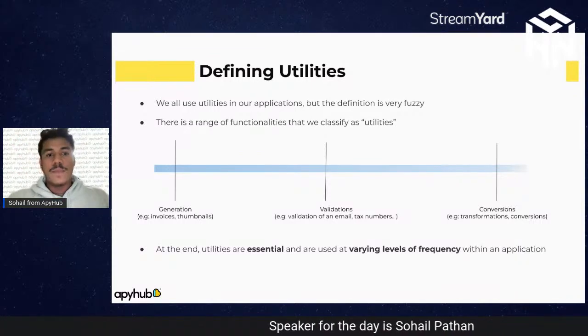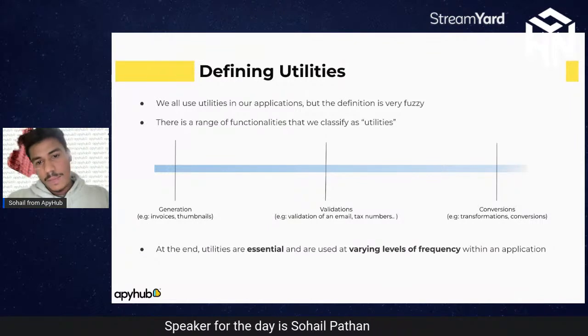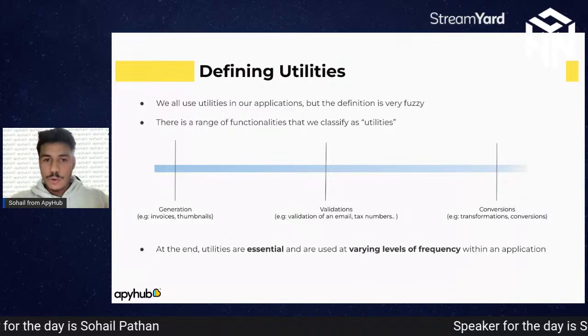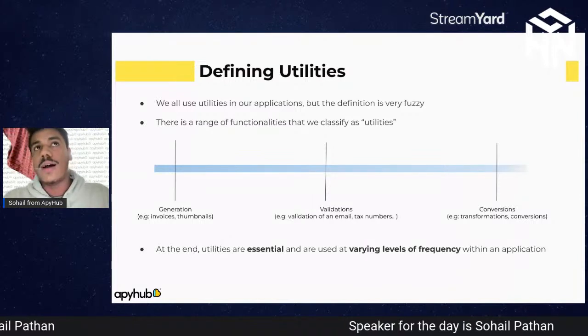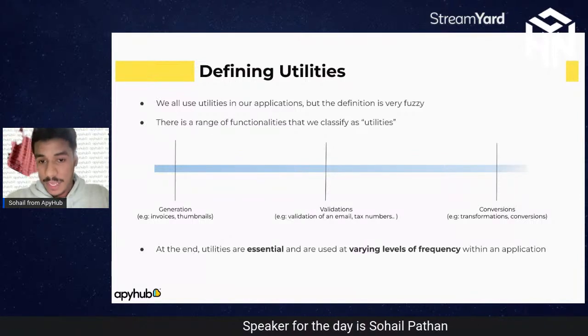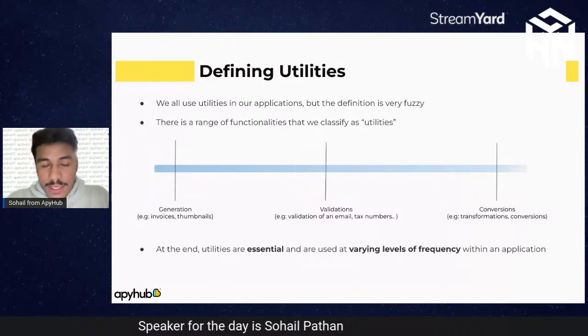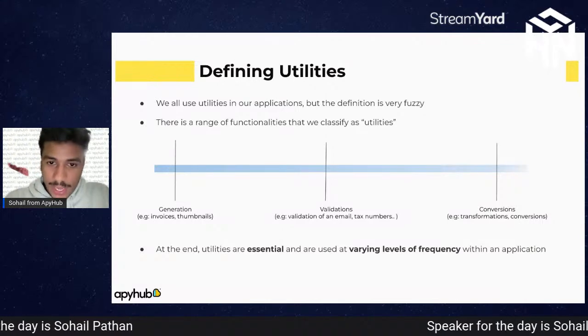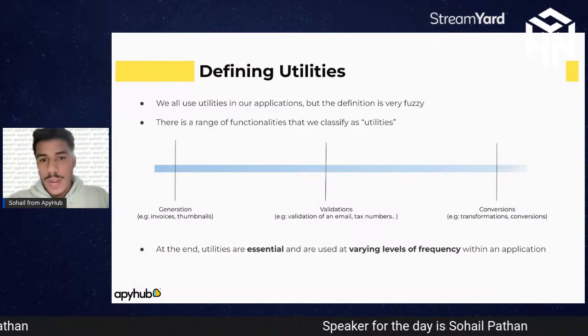Okay. When we classify utilities, let me give you an example. Let's say you are building an e-commerce application. There are some things called atomic operations, the stuff that you have to do at any cost.